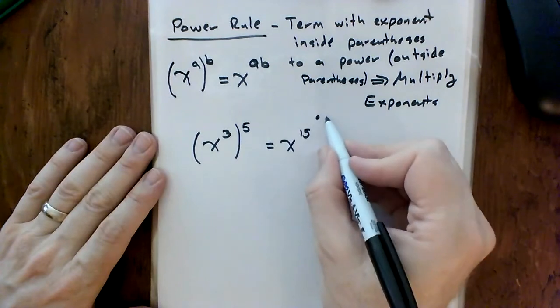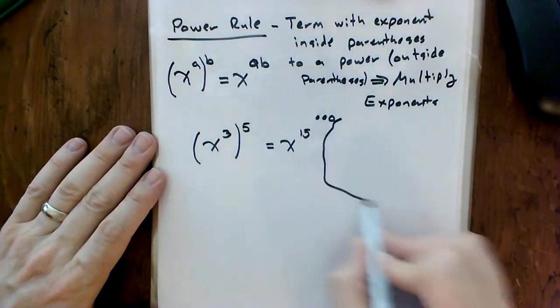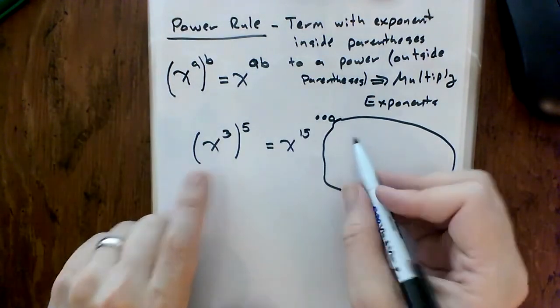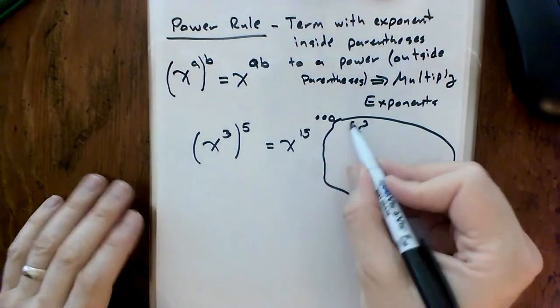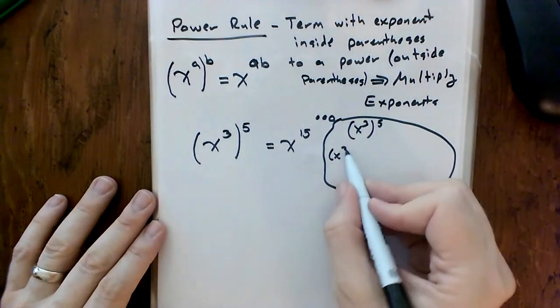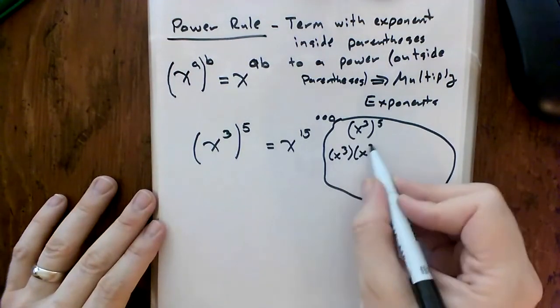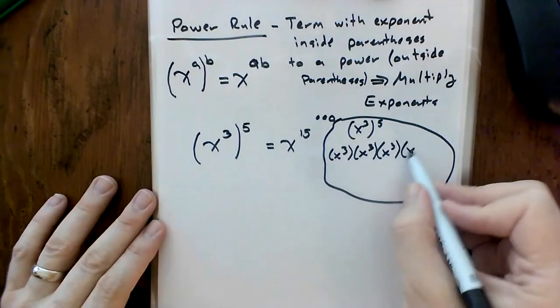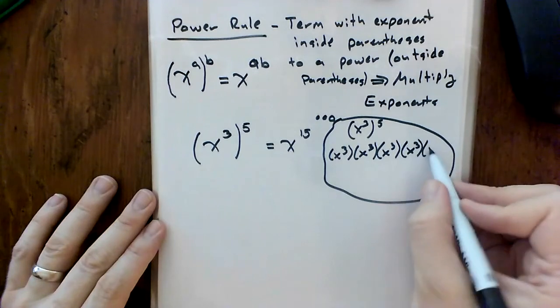So once again, I'll give a reasoning behind this, a concrete example. This is x cubed to the 5th, so this is going to be x cubed times x cubed times x cubed times x cubed times x cubed.